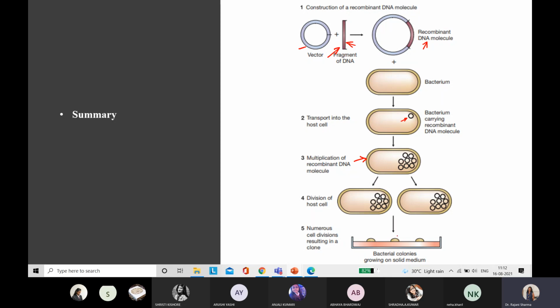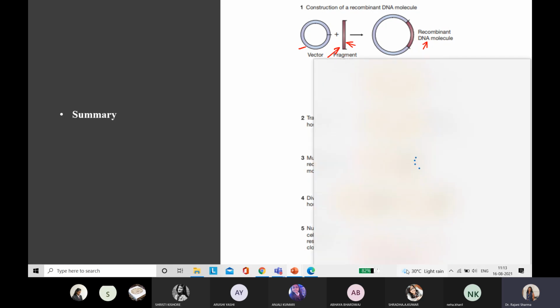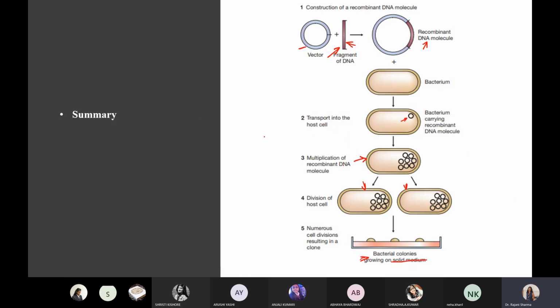This is how we get the replicated form from the colonies which we have grown in a solid medium. The medium may contain any desired nutrient support which is required for bacterial growth. Basically, we prefer nutrient agar. Now this was the summary.